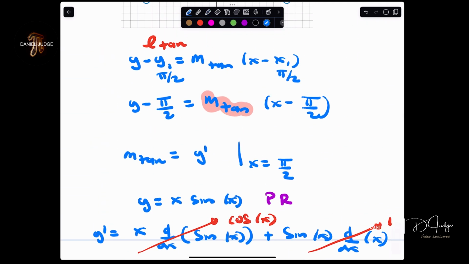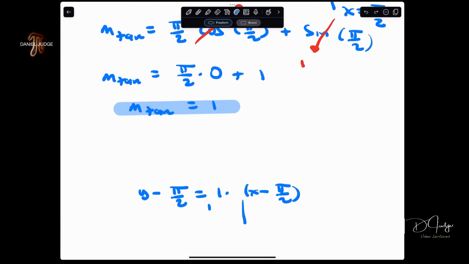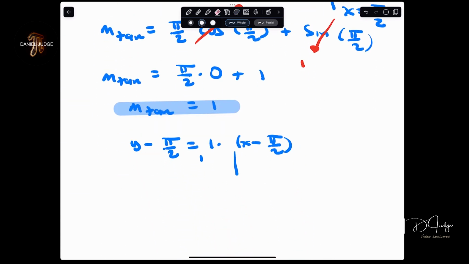So replace this with a 1. Now let's see what this gives us here. Y minus pi over 2 becomes 1 times x minus pi over 2. We're running out of space. I'm going to bring this down. So plug in your m tangent and do a little bit of algebra, meaning 1 times anything will be itself.